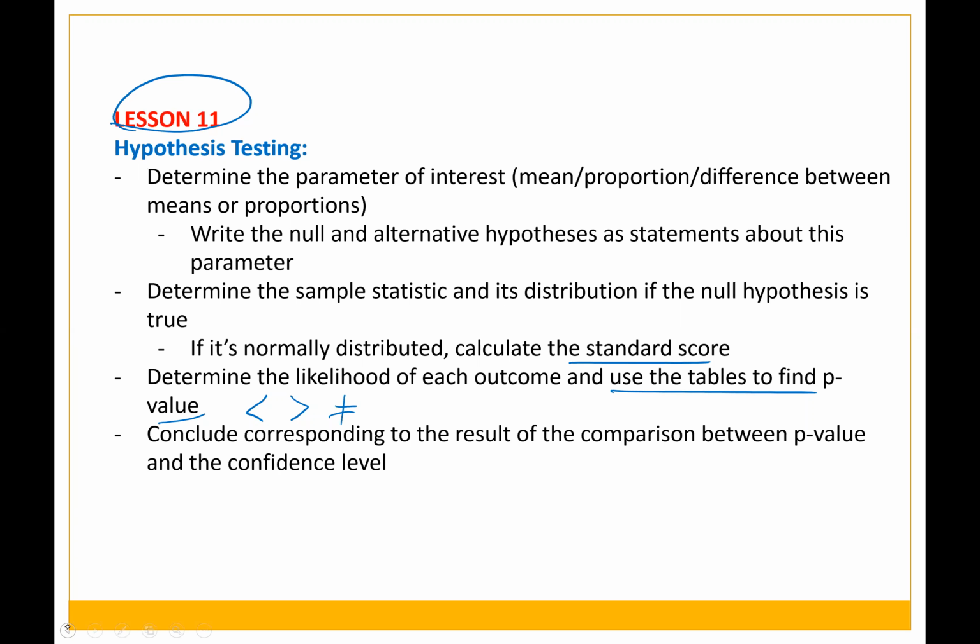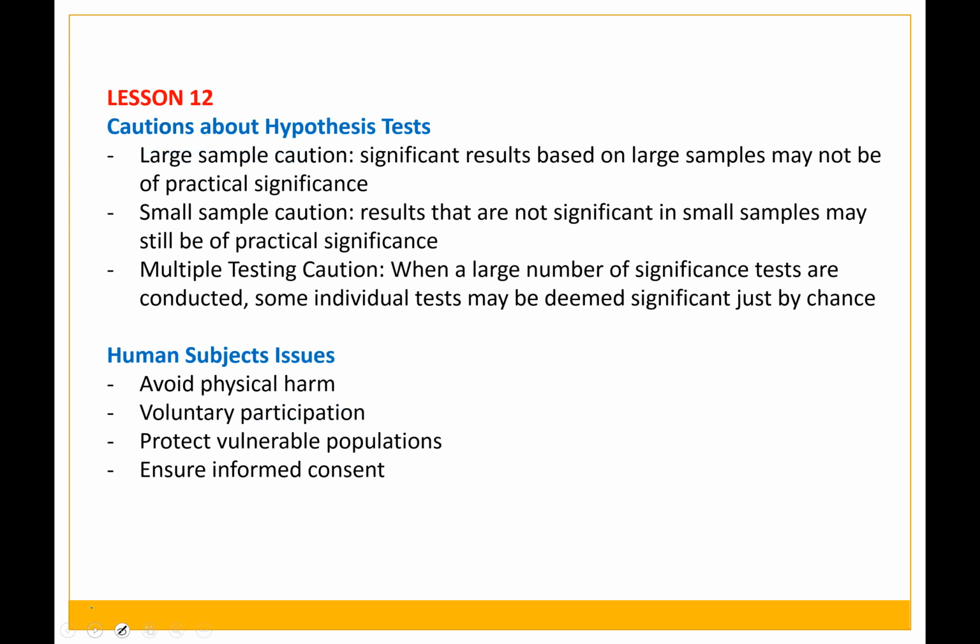Then we make the conclusion corresponding to the result of the comparison between the p-value and the significance level. Say the alpha level, or the threshold for a significant test, is 5%. When the p-value is smaller than this, then you have a significant test result.